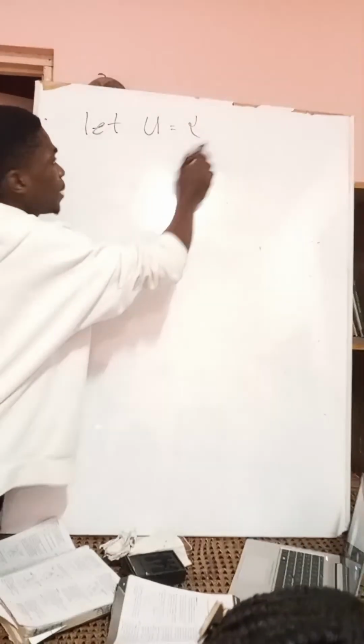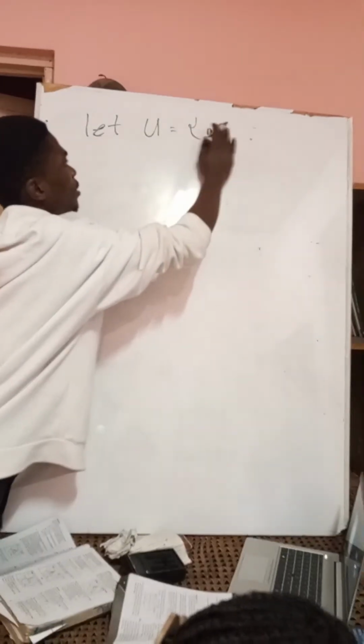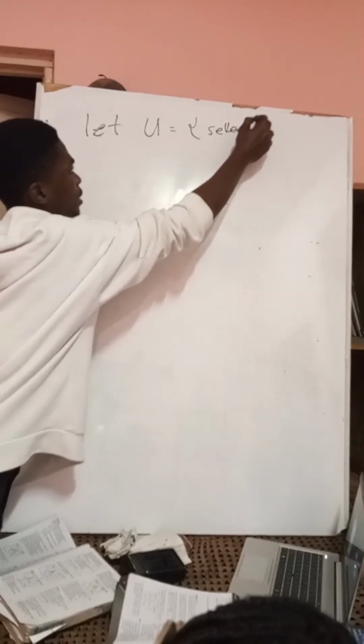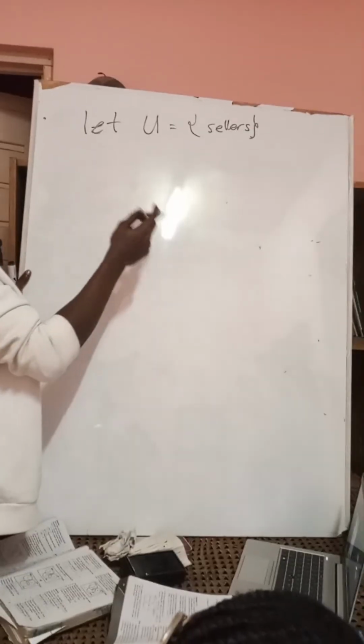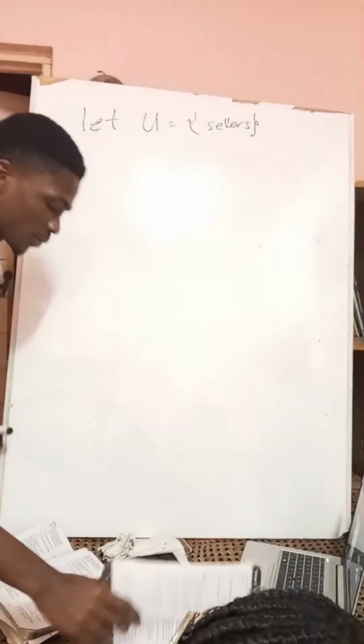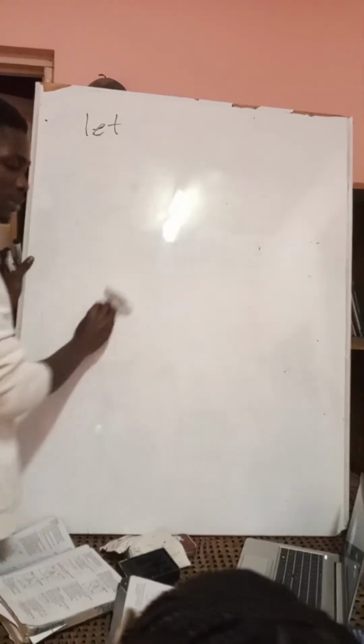So it means you represent the number of sellers. Let me say you represent the sellers. Do you understand? Or you can say total sellers. Let me write it big because people are watching me.